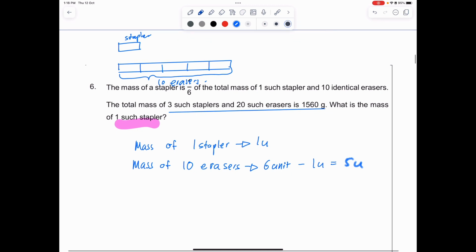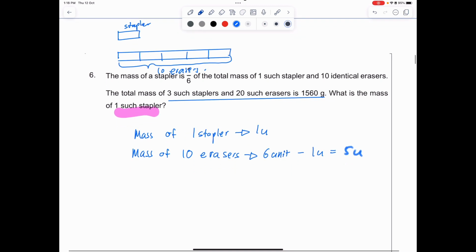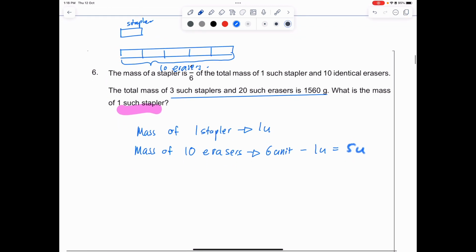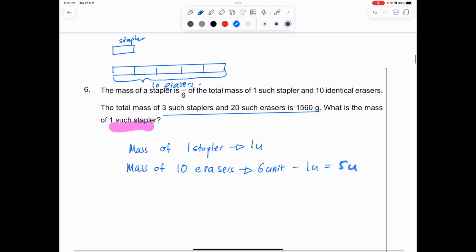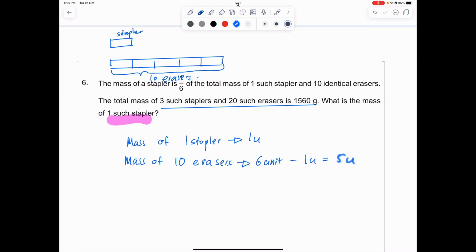Now, what is the mass of one such stapler? So when we take a look at this, the total mass of 3 such staplers is actually 3 times 1 unit equals 3 units.